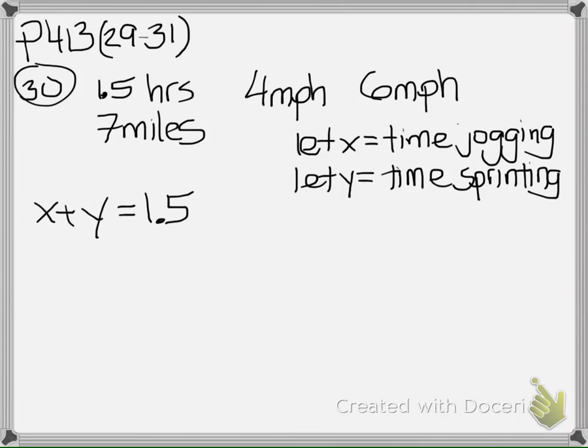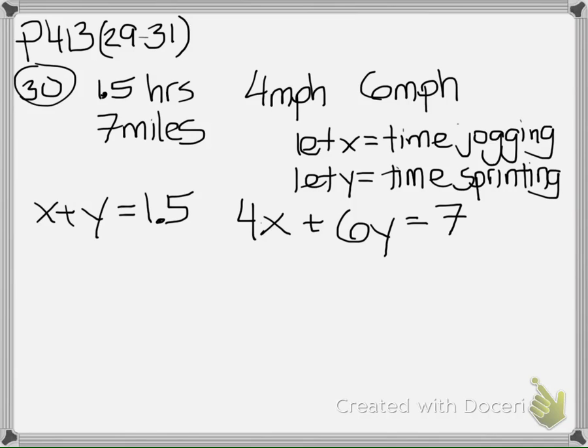My other equation then says, well, I jogged at 4 miles per hour. 4 miles per hour times x hours, that's the time jogged, plus 6 miles per hour times the time that I sprinted, or y, should give me the total number of miles that I ran. Or total number of miles that I traveled on the treadmill.